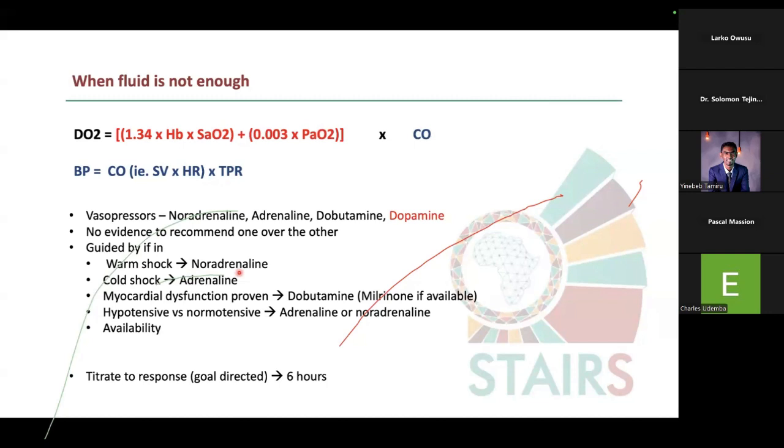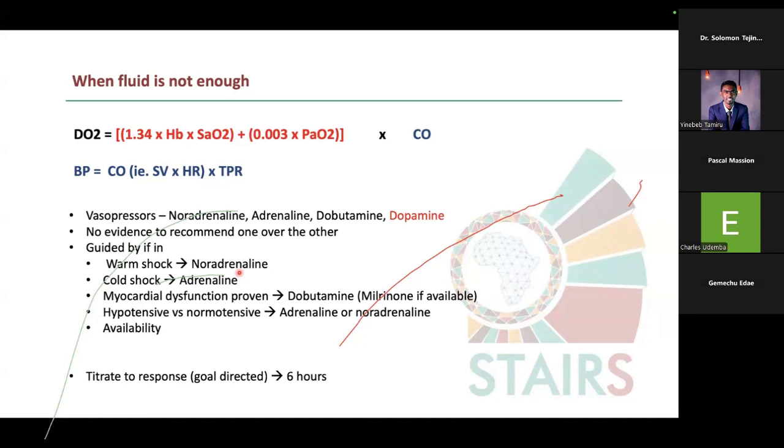If your patient has cold shock, adrenaline. If your patient has myocardial dysfunction, dobutamine. And in some settings, if milrinone is available, you could go with milrinone, which is a phosphodiesterase inhibitor. Of course, if the patient is hypotensive or normotensive, adrenaline, noradrenaline would come in.